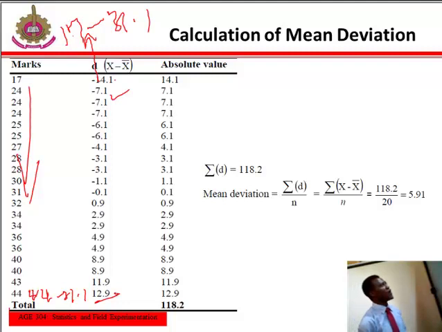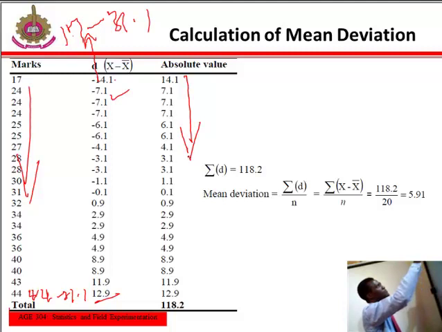Now, to calculate our mean deviation, just like I said earlier, we will have to do away with the negative signs, and we assume that each individual value here is a positive value, and from here we have another set of numbers as we have in the next column.